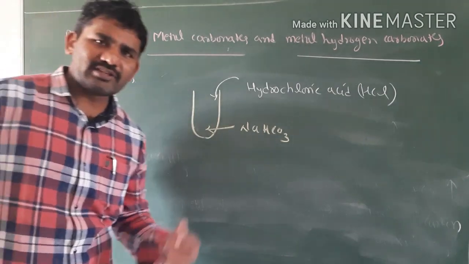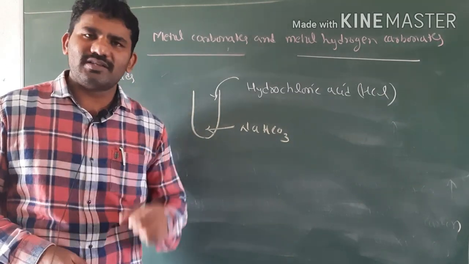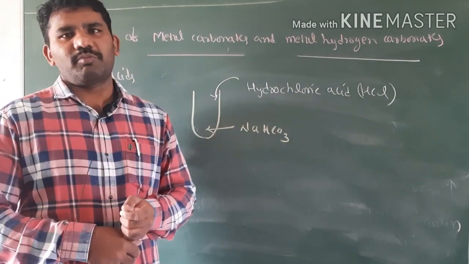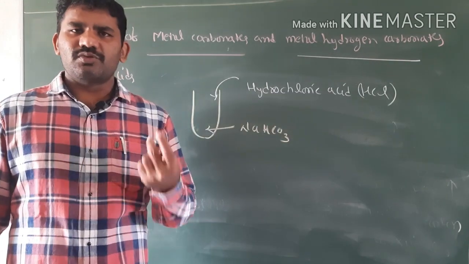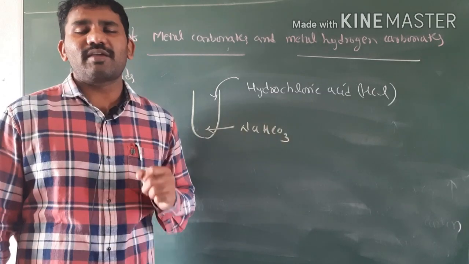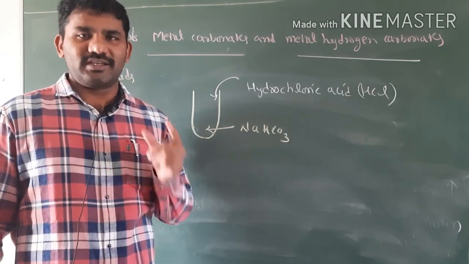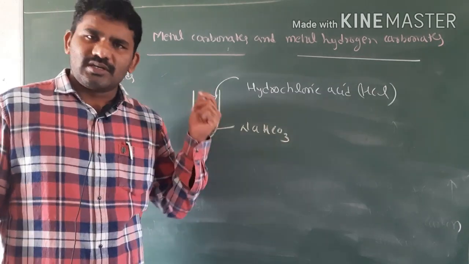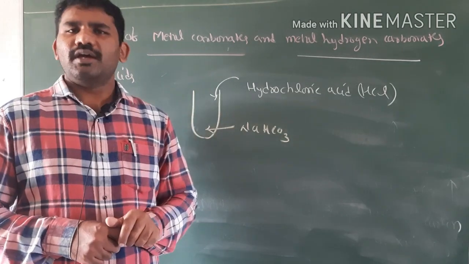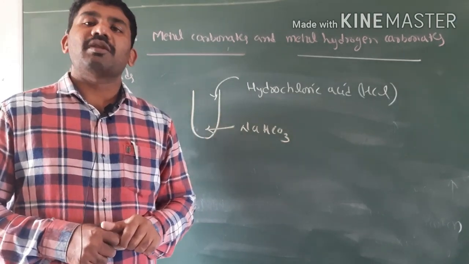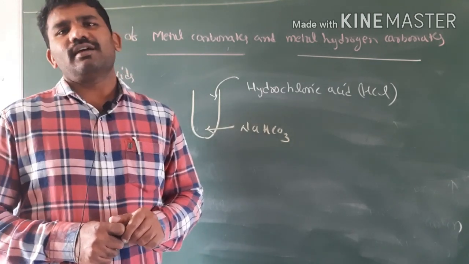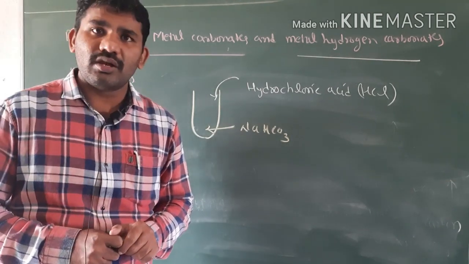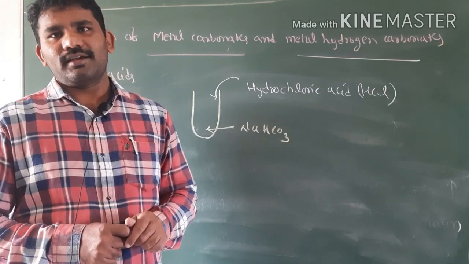The same reaction takes place as happened in the case of metal carbonates. A gas will be coming out of it. When you send the gas through lime water, the lime water turns immediately milky. So in this case also we can conclude that when metal hydrogen carbonates react with acids, they also liberate carbon dioxide gas.